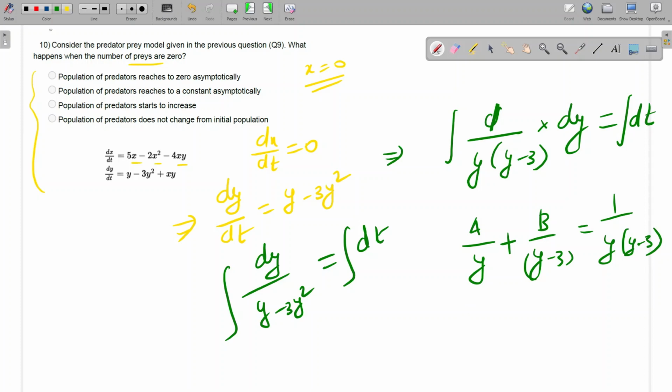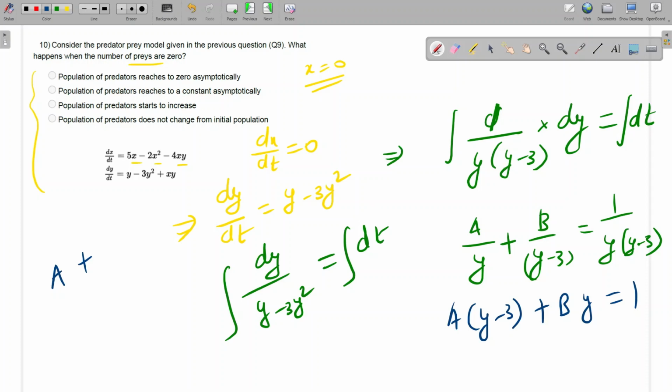So we can write like this: a into (y minus 3) plus b into y should be equal to 1. So what will be the constant value? A plus b, a plus b is equal to what? Anyone tell? Like this only we can do factorization.